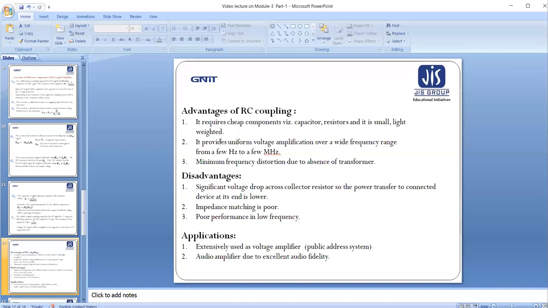Disadvantages: significant voltage drop across collector resistors, so the power transfer to the connected device at the end is lower. Impedance matching is poor, and performance is poor at low frequency. Applications: the applications of this RC coupled amplifier are mainly in audio amplifiers and public address systems for voltage amplification purposes.